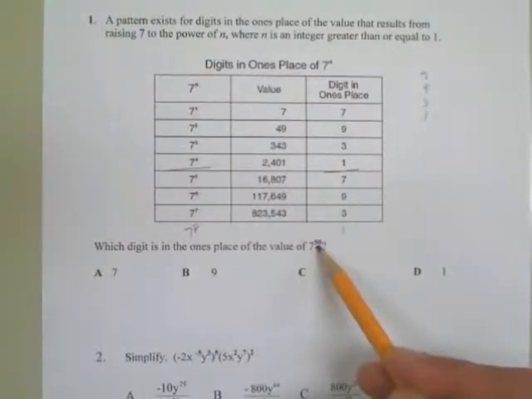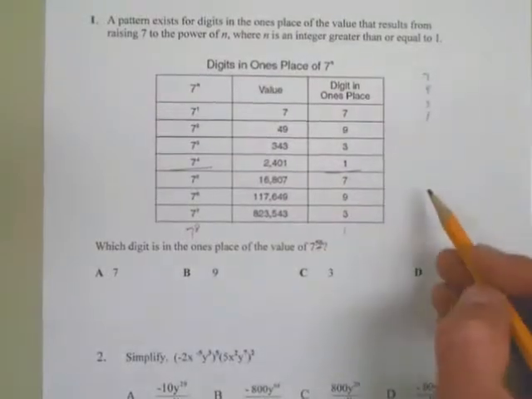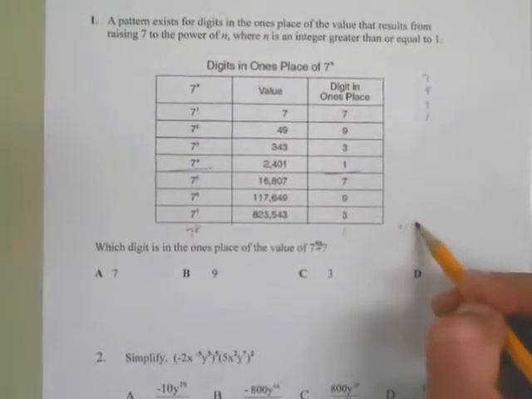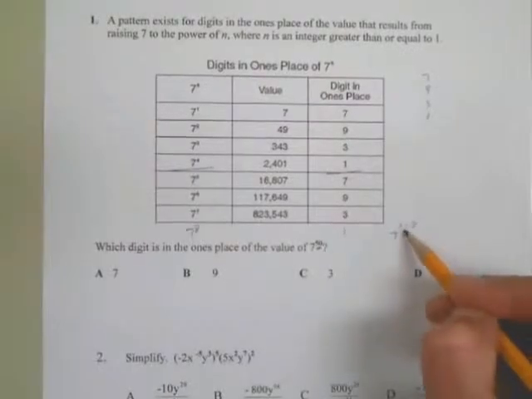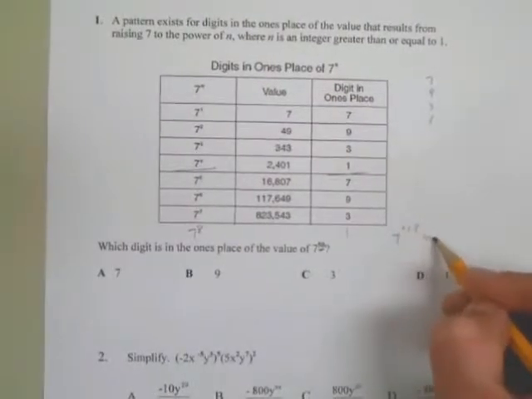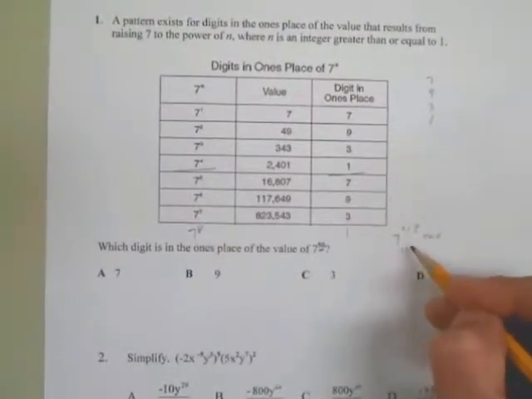So we have to look for the biggest number less than 50 that is divisible by 4. The biggest number less than 50 that is divisible by 4 is 48. So if we raise 7 to the 48th power, that would end our pattern.